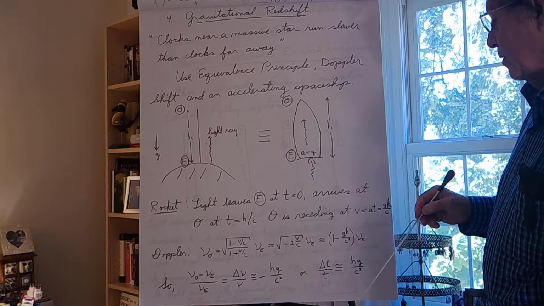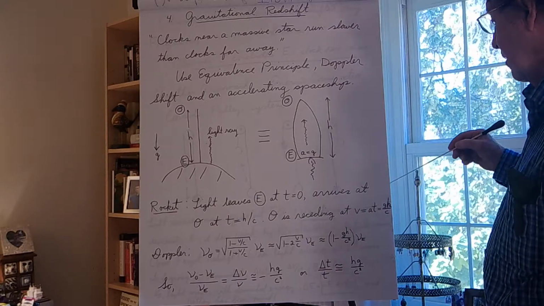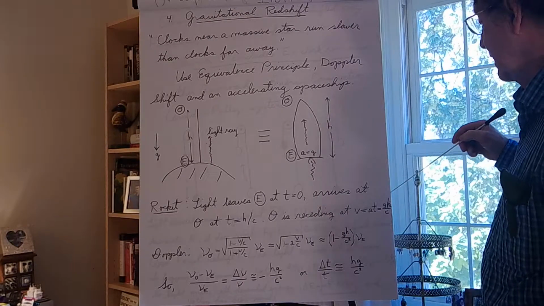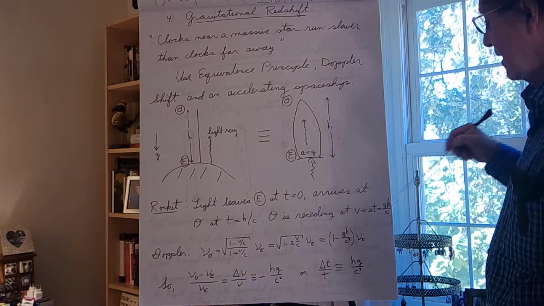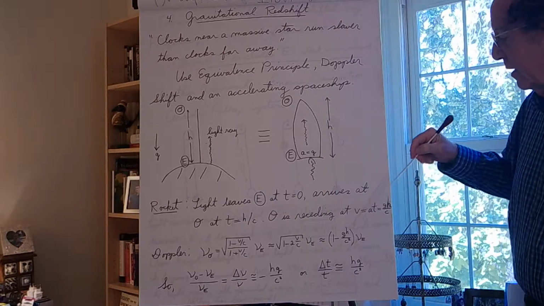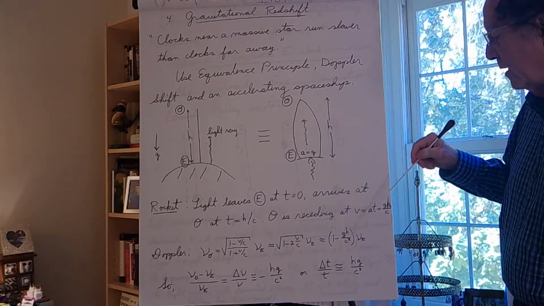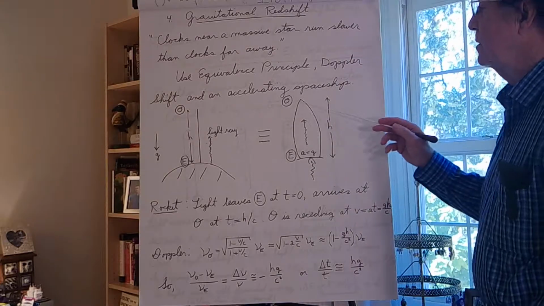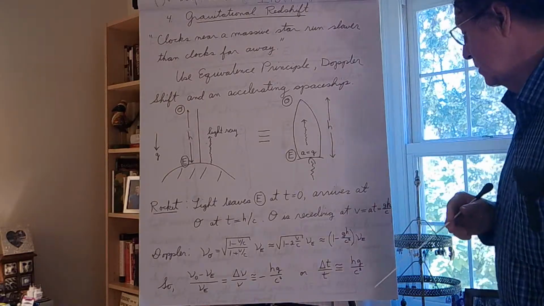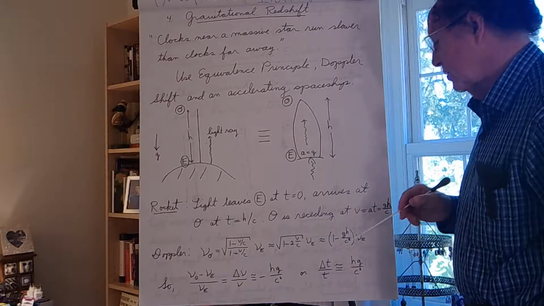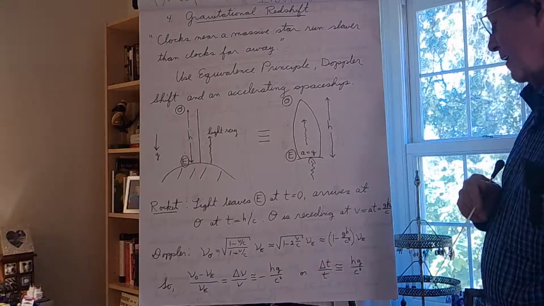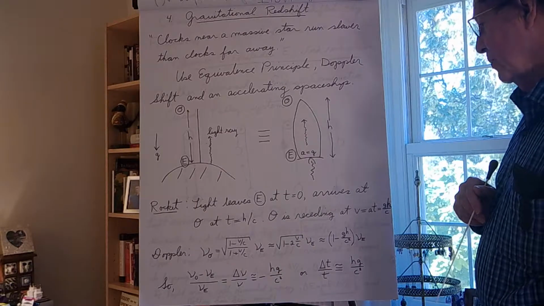So it's just 1 minus v over c, and I know what that is over here. The velocity is just gh over c, and so the correction is a minus gh over c squared. Why minus? Well, that's because O is moving up away from the light ray. So the Doppler shift is a shift downward in frequency, and there you have it coming out of the algebra.